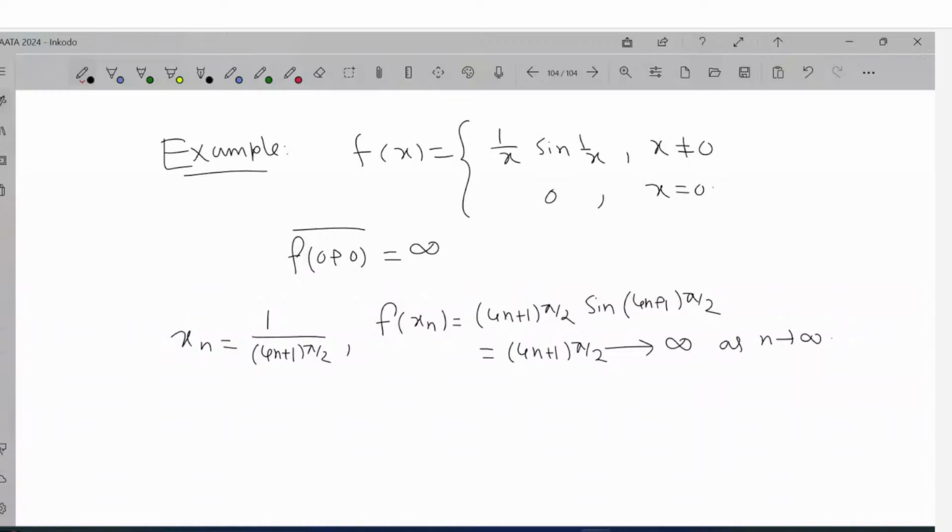And similarly, if you consider a sequence, what sequence do we need to consider to get a negative value? 1 by 4n plus 3? 4n plus 3 will be okay.